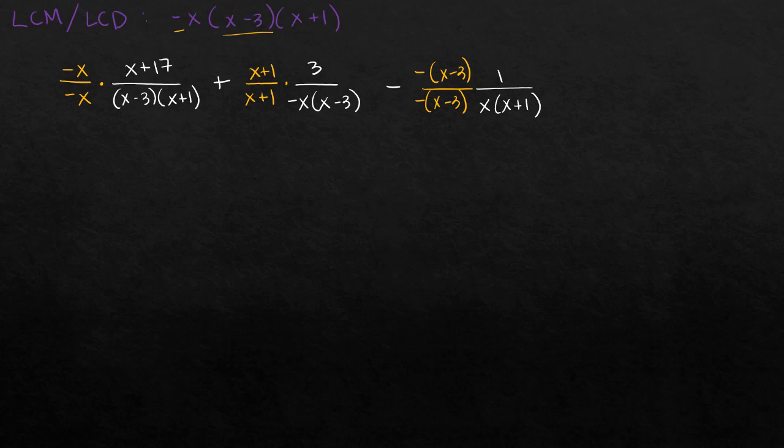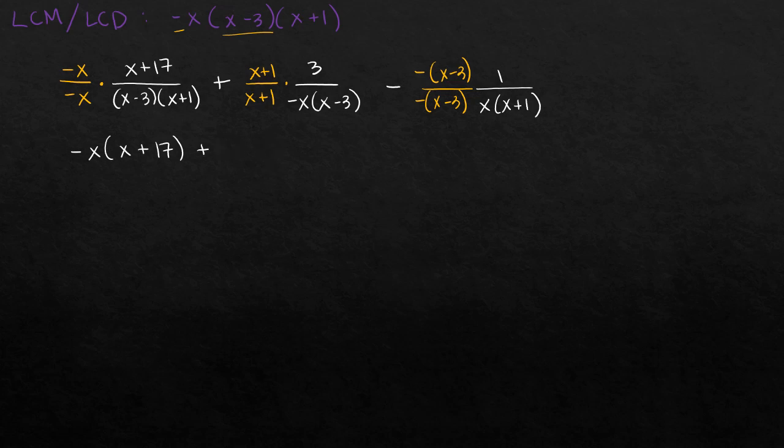Okay, so let's actually do this multiplication step. I might write all of my numerators out in the same numerator over the same common denominator. What I mean by that is I'll have, for my next line, negative x times x plus 17 plus x plus 1. Notice the parentheses here are kind of important.